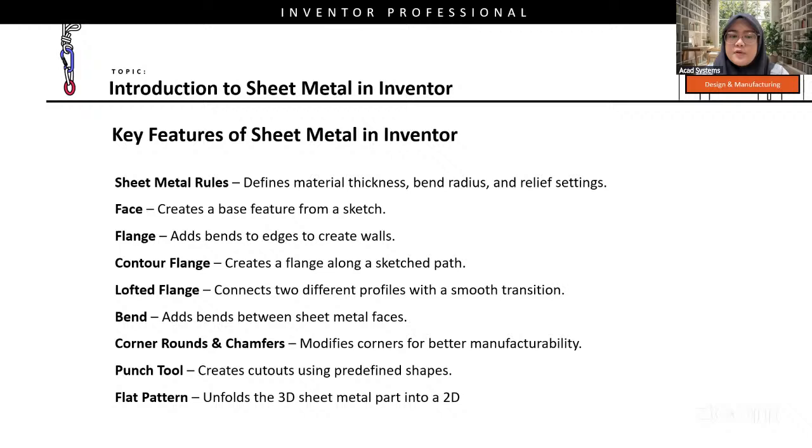Corner round and chamfer is the basic one. It is the same as fillet and chamfer, and it will modify corners for better manufacturability. And then we have punch tools, which create cutouts using predefined shapes. You also can use your own design for punch tools.